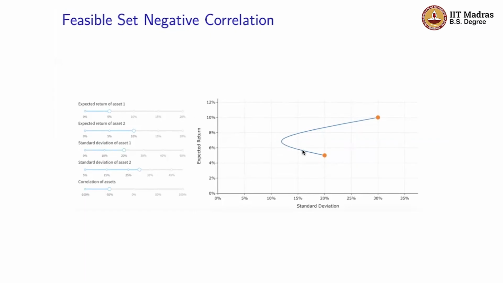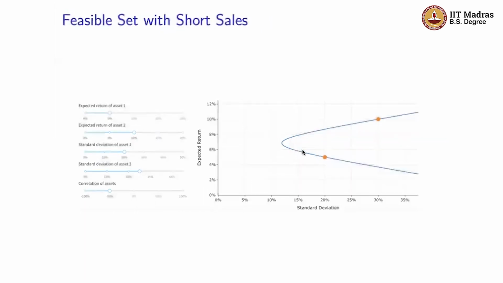The only difference is that in this diagram we are considering the case where shorting is not allowed, and here we are allowing shorting, right? So you can see that one difference is that earlier you could not go along this curve beyond this orange point. And now this line extends much beyond, right? That is typically the phenomenon if you allow for shorting.